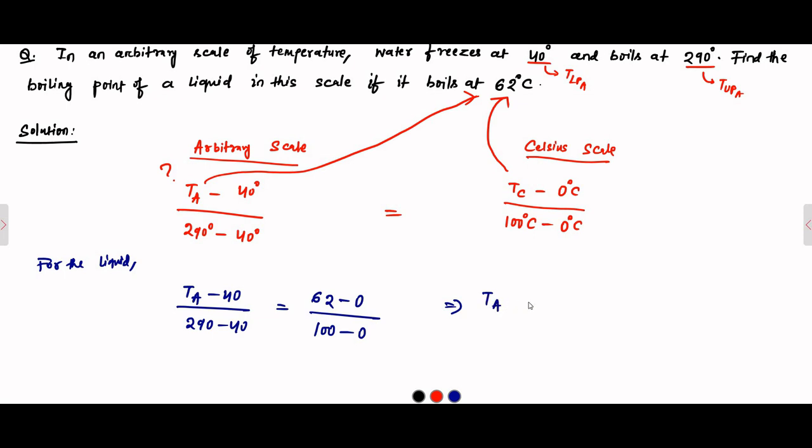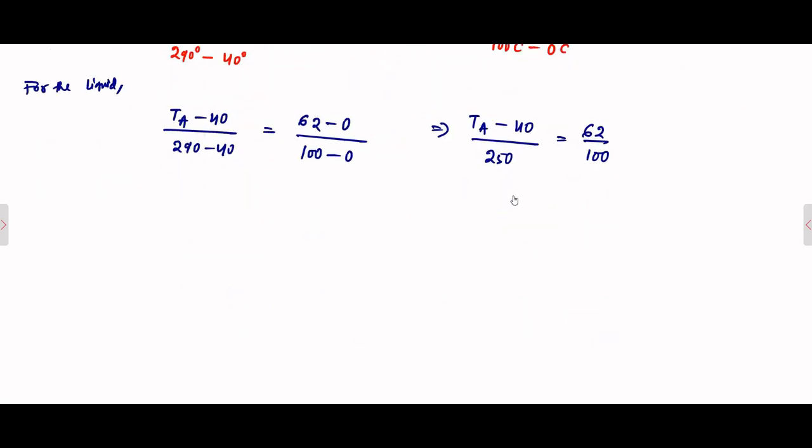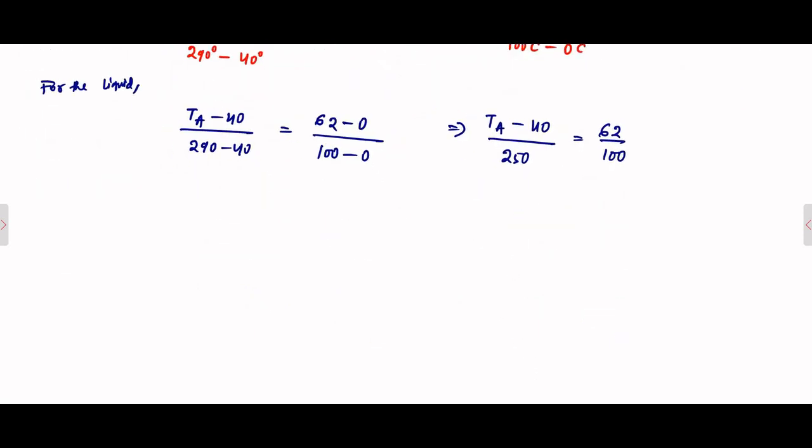That implies the temperature in the arbitrary scale minus 40 by 290 minus 40, that is 250, is equal to 62 by 100. That implies T_A minus 40 is equal to 62 by 100 into 250.